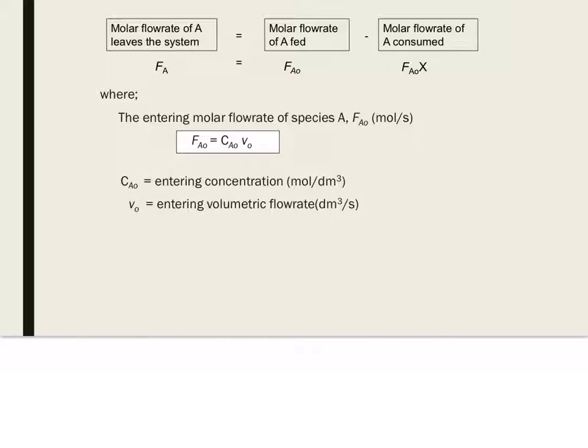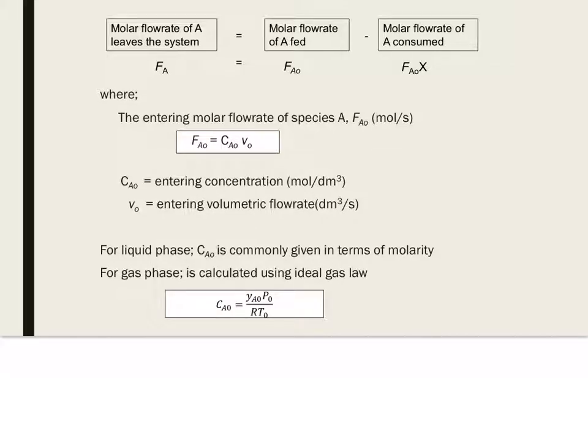And V naught is the entering volumetric flow rate. The unit will be volume per unit of time. So this is for fluids, where CA naught is commonly given in terms of molarity. For gases, the value of the initial concentration CA naught is calculated using the gas law, where CA naught equals YA naught P naught over R T naught.